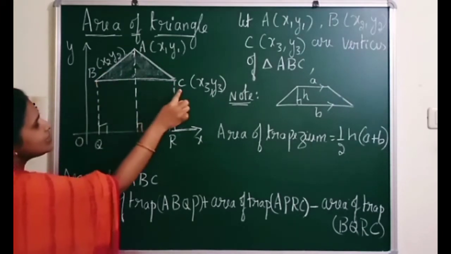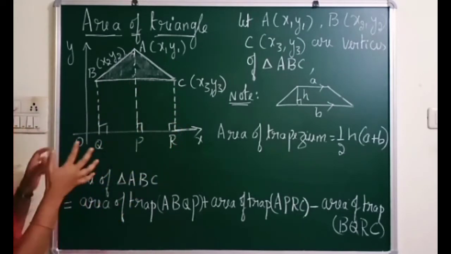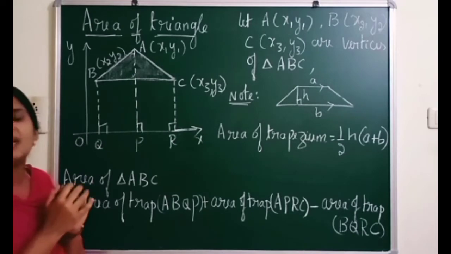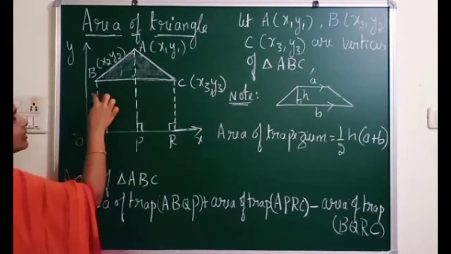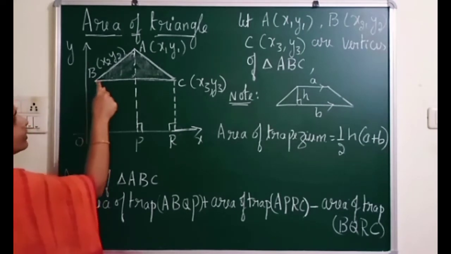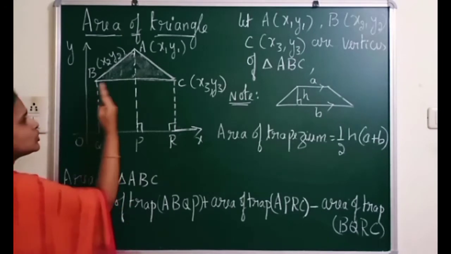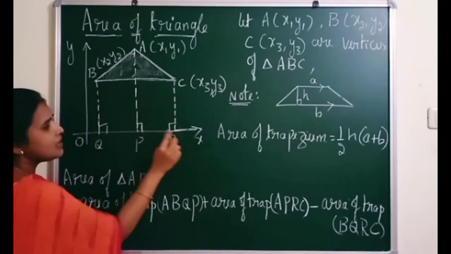Area of BCRQ. You can see that BCRQ is also a trapezium. By looking, it looks like a rectangle, but it is not a rectangle because we don't know whether the angles are 90 degrees or whether opposite sides are equal or not. So we cannot take BCRQ as a rectangle. It is just a trapezium because these two are parallel and this is the height.